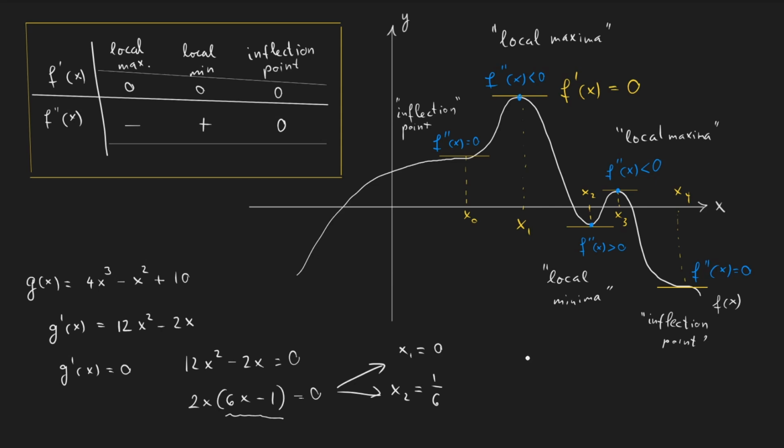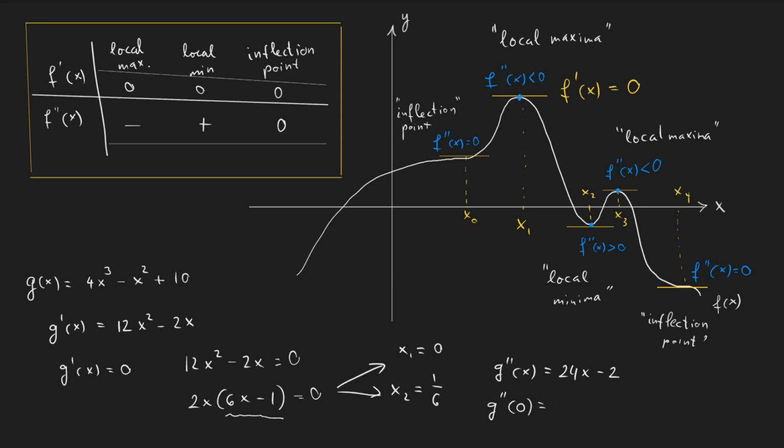But how do we know that at these places we have local maxima or minima? In this, the second derivative helps us. If we differentiate the first derivative again, we will have the second derivative, but not with f, with g. So g double prime of x is 24 times x minus 2. And we should check whether the values at these places are positive or negative.